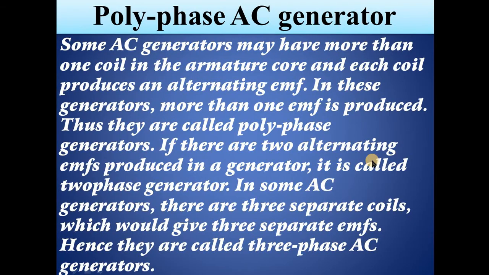The next topic is polyphase. Polyphase means more than one armature or coil. Some AC generators may have more than one coil in the armature core, and each coil produces an alternating EMF. In these generators, more than one EMF is induced.